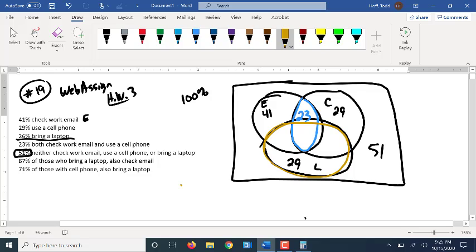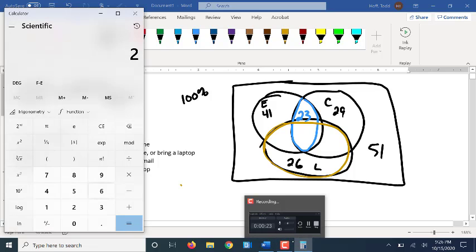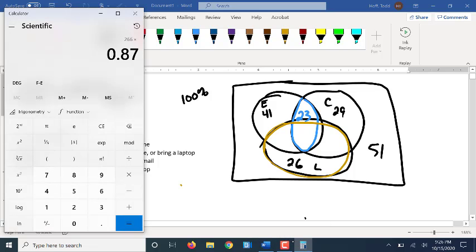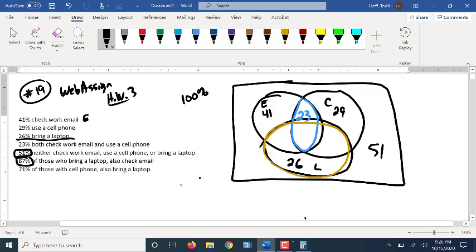It should be 26 there, not 29. Thank you. 26% have the laptop. So it should be 87% of that 26%. So 26 times 0.87 gives us, let me write that in right. There we go, 22.6 here.